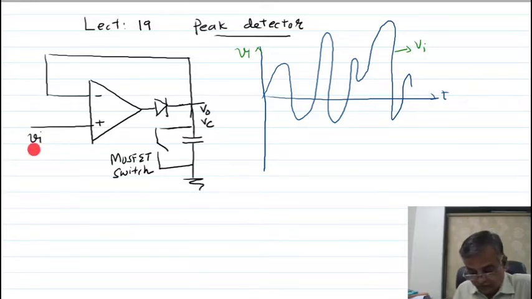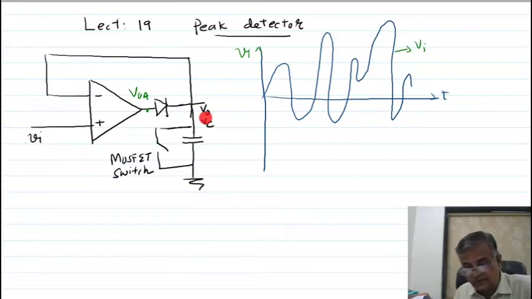Now, while it is changing, when VI is more than VC, then this diode will be in forward bias. This circuit works as a voltage follower, so it follows the input voltage VI.